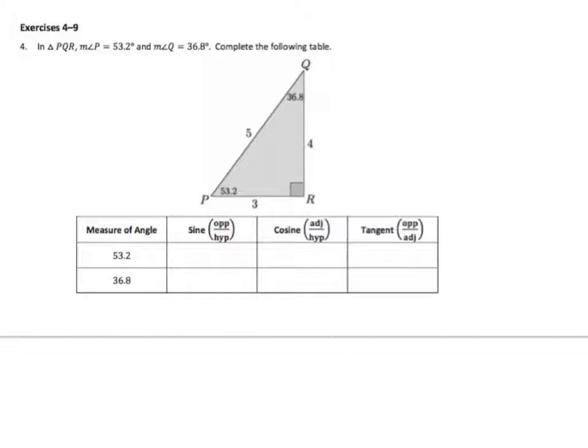Okay, exercises 4 through 9. In triangle PQR, the measure of angle P is 53.2 and the measure of angle Q is 36.8. Complete the following table. Okay, so we can say that sine of 53.2, oh, it's going to be impossible for me to write into that little table, so we're just going to write outside of it.